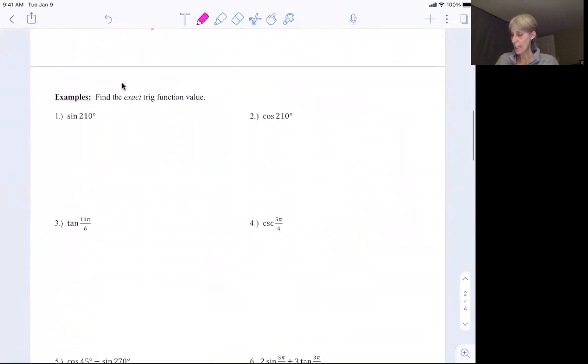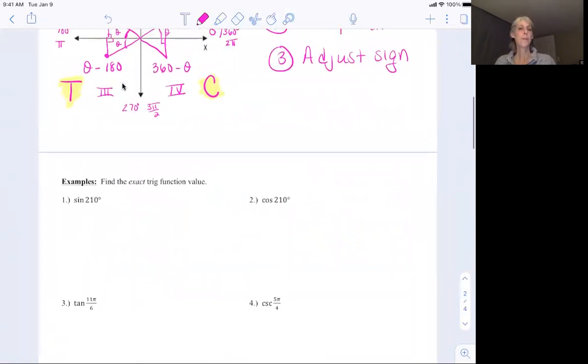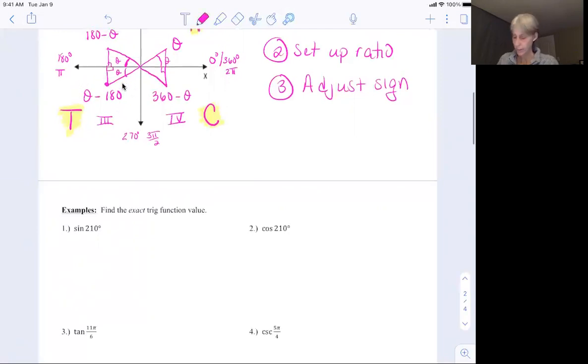So we're going to find the exact trig function value for each of these. Okay. So we have to find the reference angle. We want to set up the function value for the sine of 210 degrees. Find the reference angle. Okay, so I think in my head, 210 degrees, what quadrant would that be in? Well, it's an angle between 180 and 270. So to find that reference angle, I use this, right?